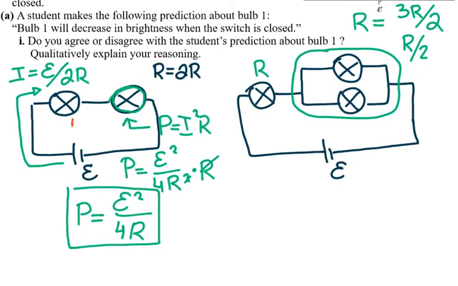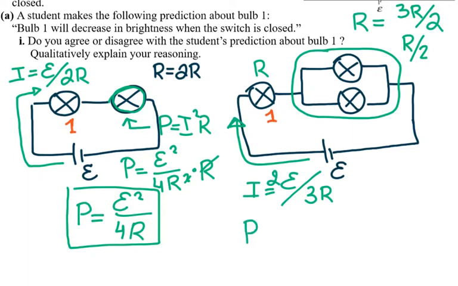So here is your bulb 1 and here is your bulb 1. To calculate the power, let's calculate the current in the circuit with the new resistance. The current is equal to EMF divided by the total resistance, which is 3R over 2. So 2 goes on the top.